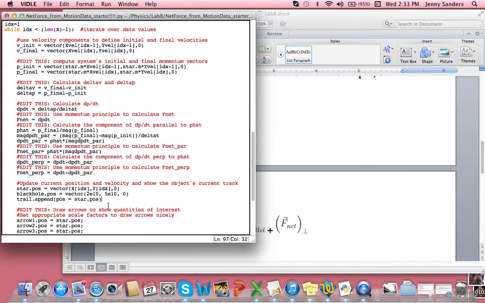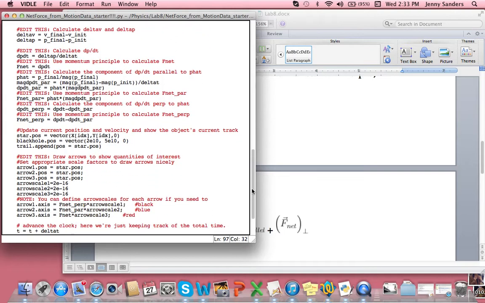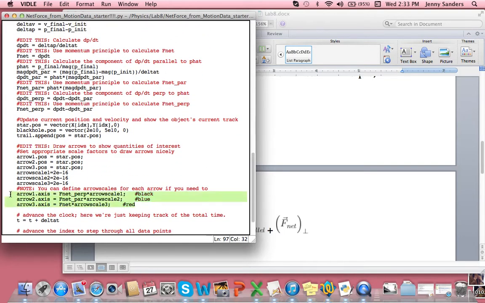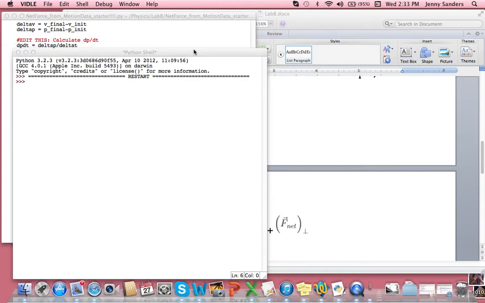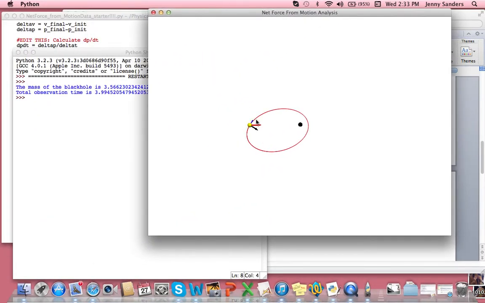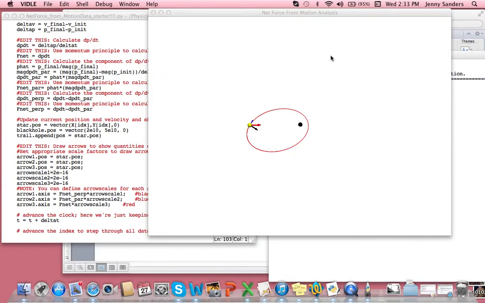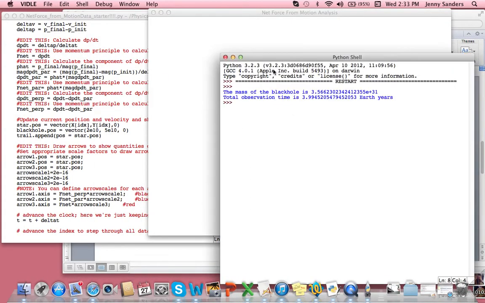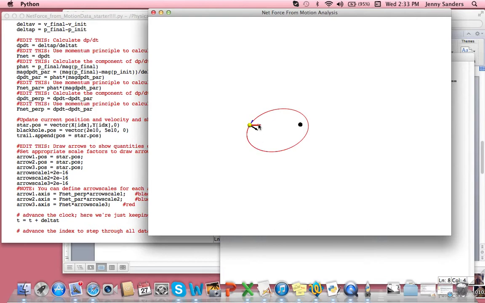So right here we got the arrows set up. So I'm going to run this code. You can see the blue arrow is the arrow that shows the parallel component of the force. The red one is the F net, and the black one is the perpendicular to the motion.